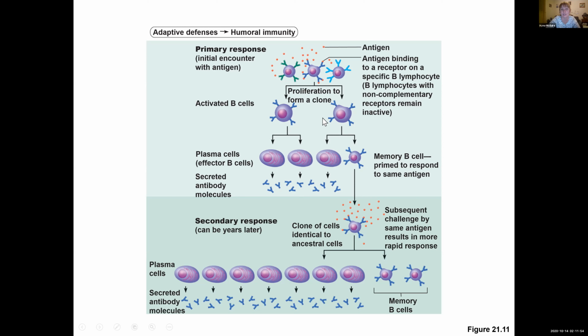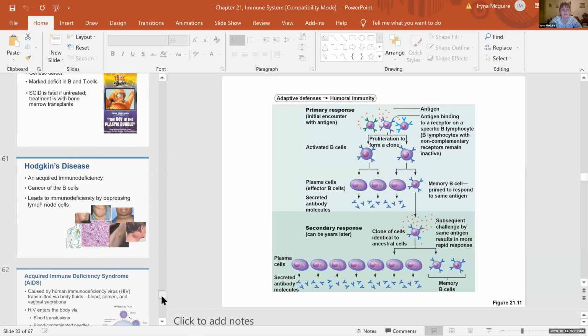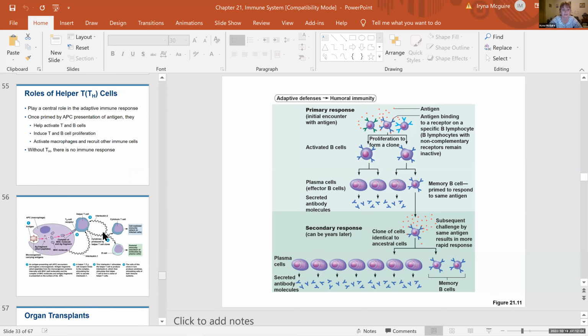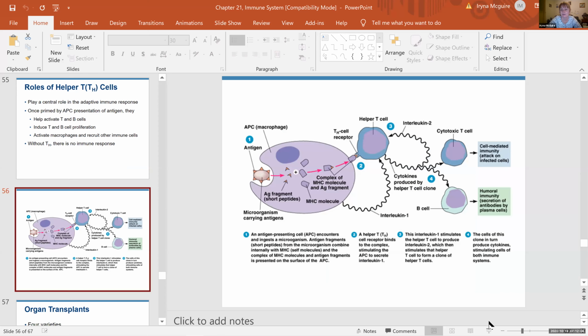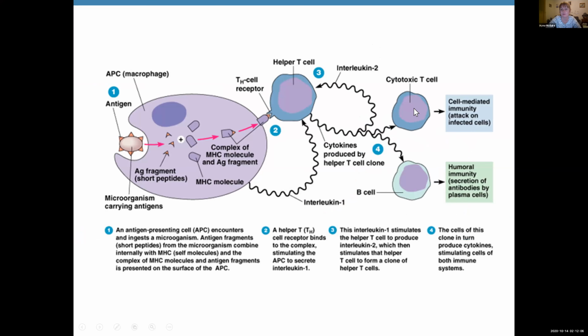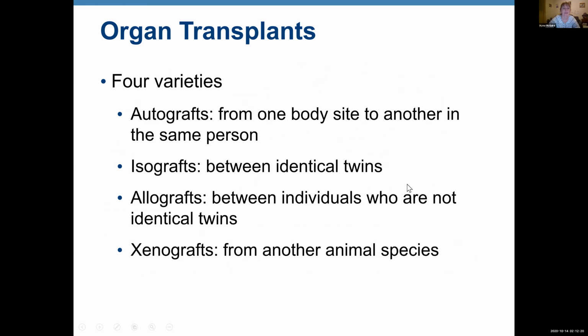It's actually waiting for a signal from the helper T cell. And when helper T cells send these signals, they start proliferating very rapidly. So helper T cells are very important in both cell-mediated and humoral immunity, because helper T cells activate cytotoxic T cells and B cells.